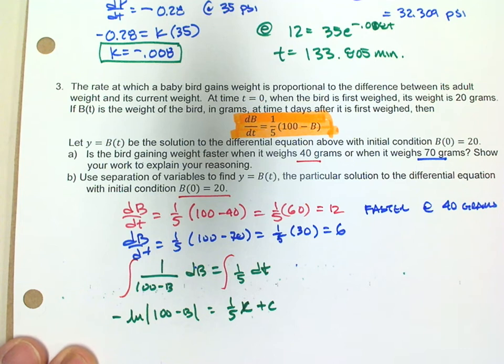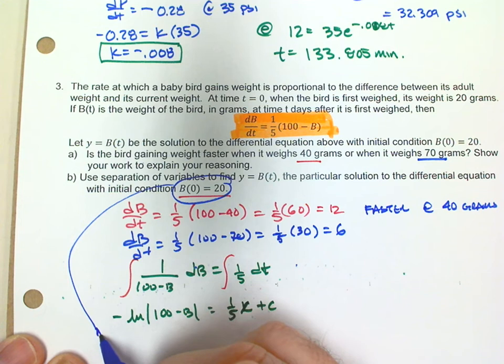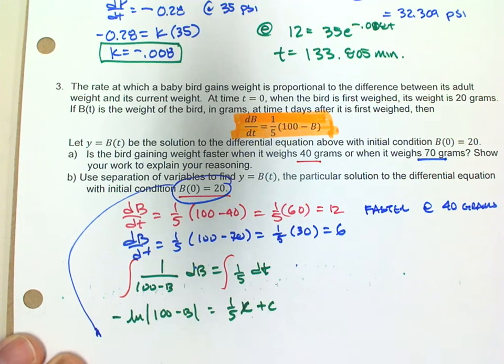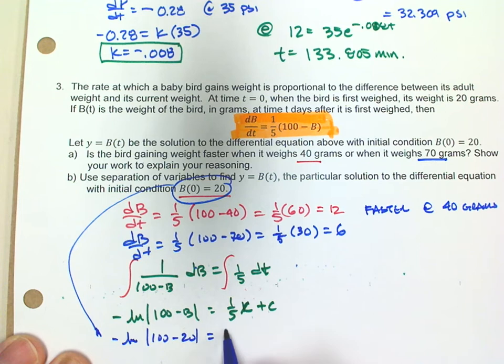As we've been making a habit of, when we're given our initial conditions, we go ahead and as quickly as possible substitute in to solve for those. So this will give us negative natural log of 100 minus 20 equals 1/5 times 0, plus c.